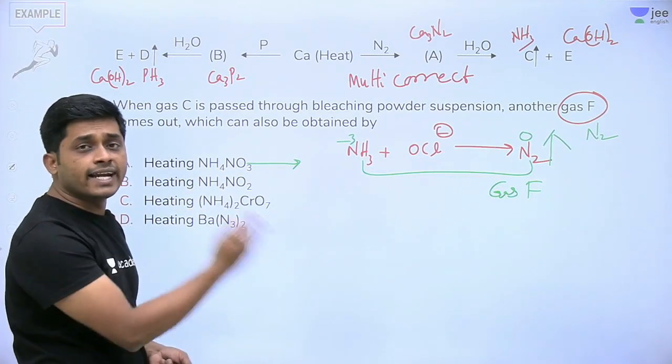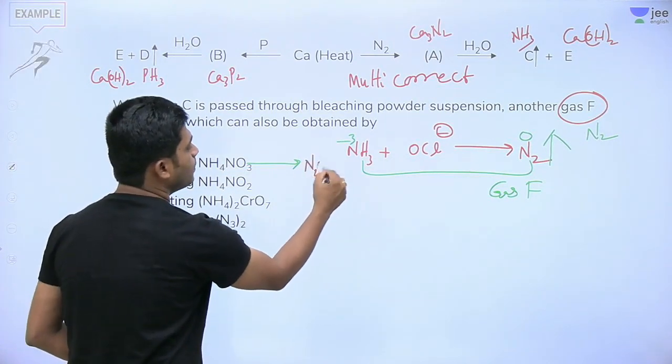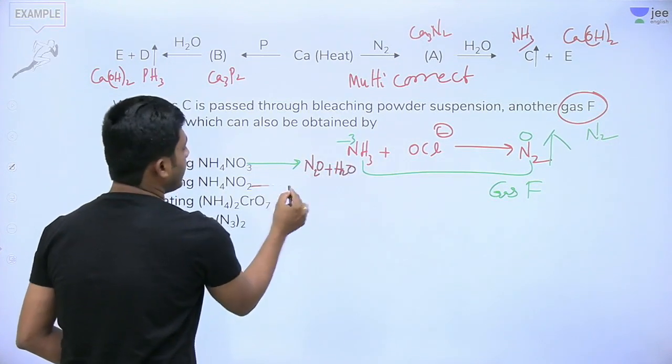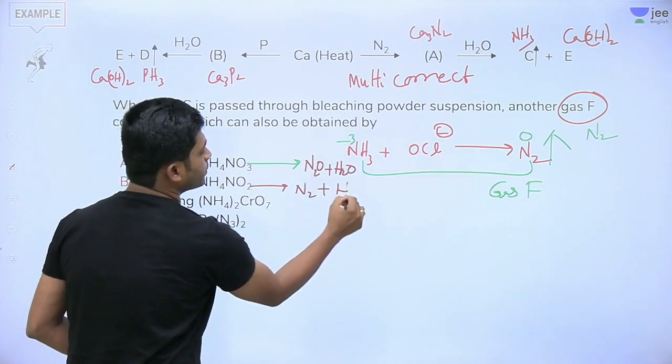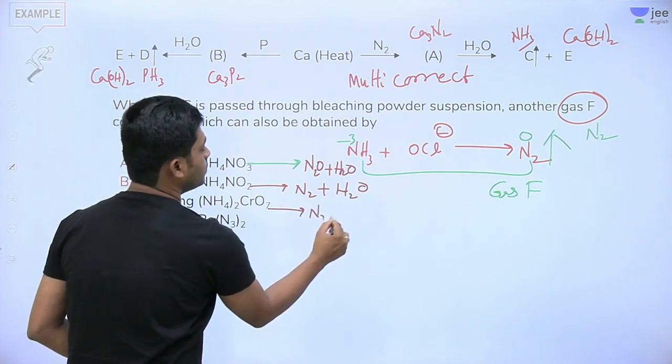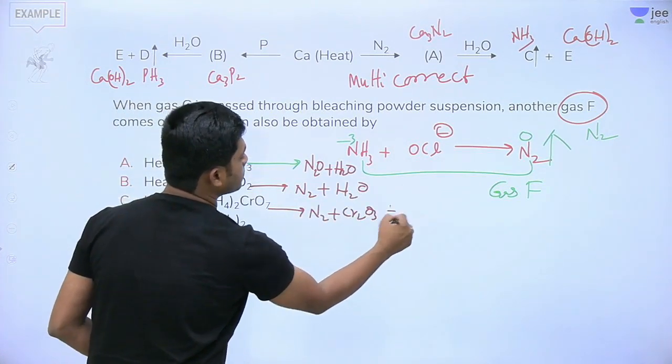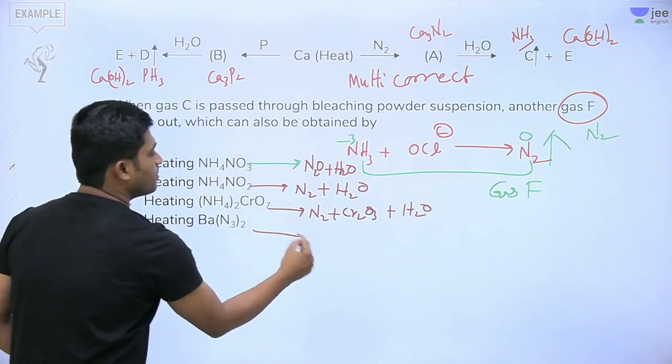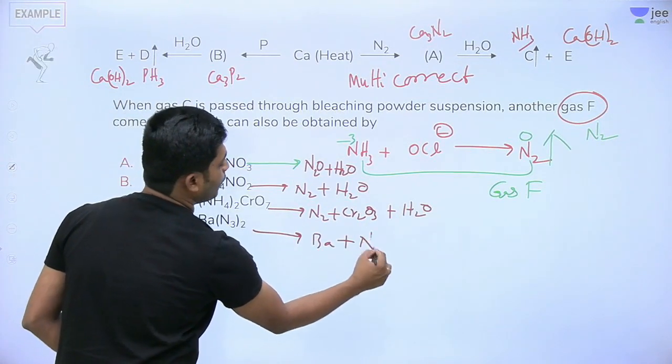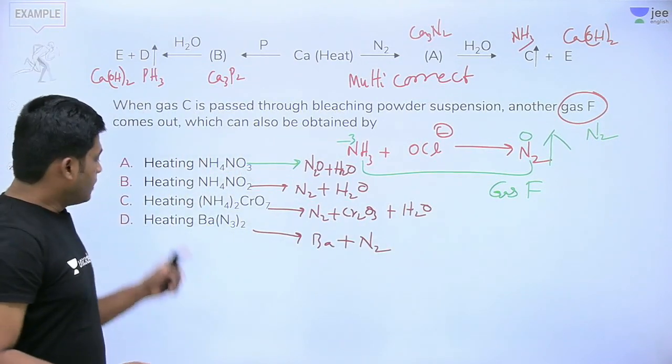Ammonium nitrate gives N2O plus H2O. Ammonium nitrite gives N2 plus H2O. Ammonium dichromate gives N2 plus Cr2O3 plus H2O. Barium azide gives barium plus N2. This is pure nitrogen preparation.